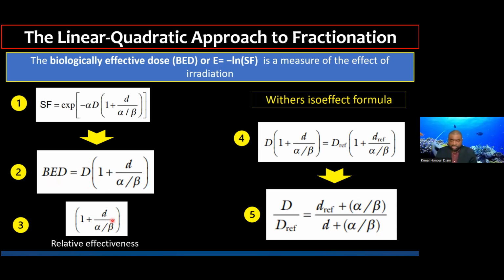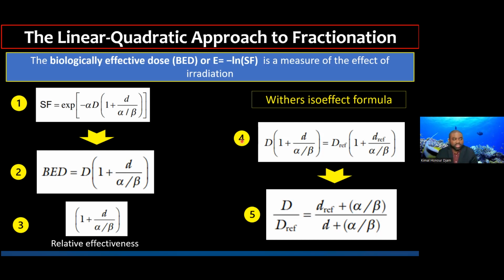To sum this up, BED is the primary measure of radiation effect, and in conventional fractionated external beam radiation therapy, it depends on the total dose, the dose per fraction, the number of fractions, as well as the overall treatment time.